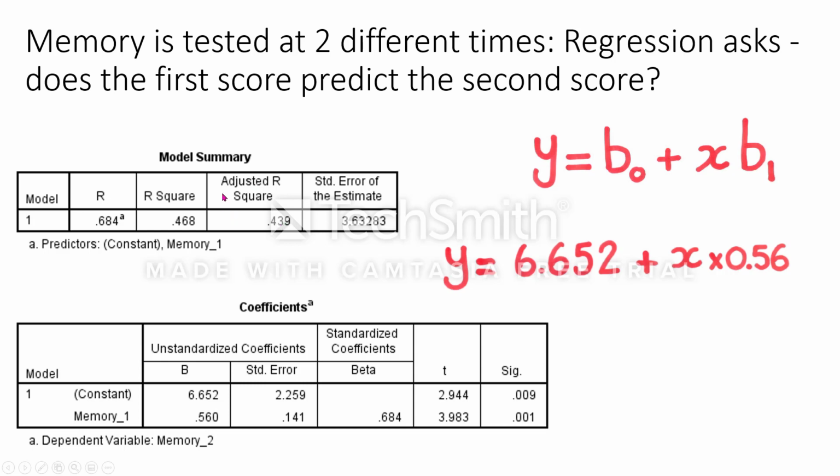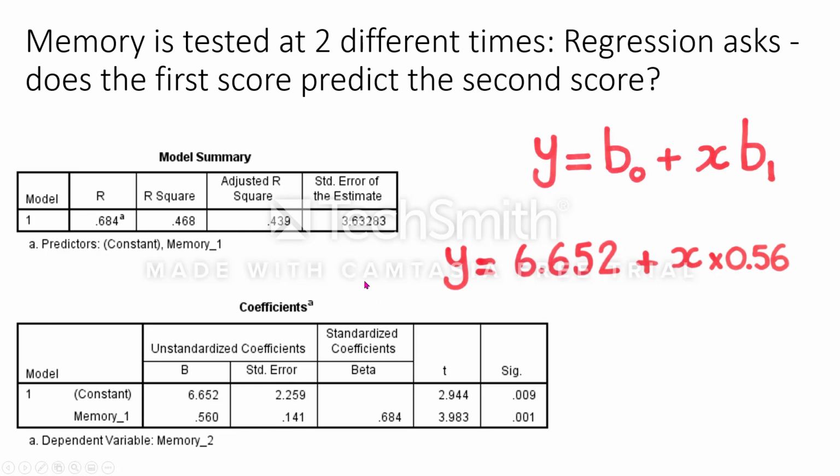And if you were to enter the same data into SPSS and go to the menu and ask SPSS to perform a regression analysis for you, you would end up with data and output that looks like this. You can see here the regression analysis is producing our R, which is the correlation coefficient, but it's also producing some other information that's going to allow us to try and predict scores.